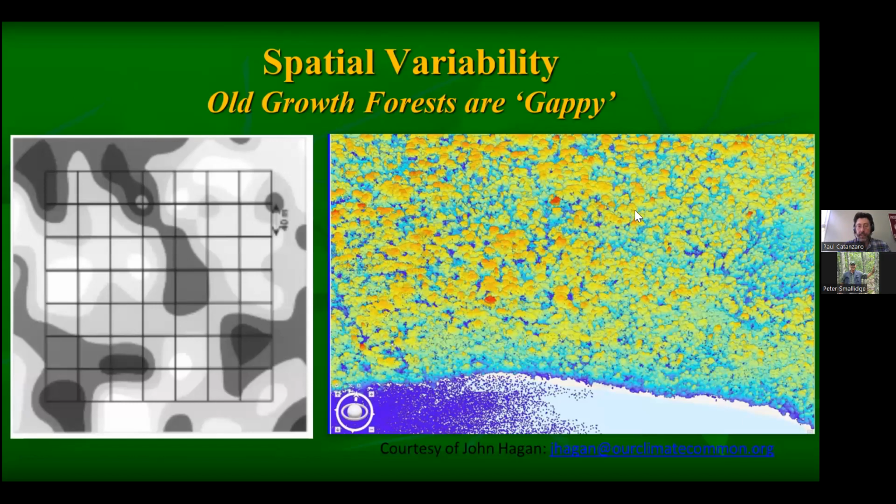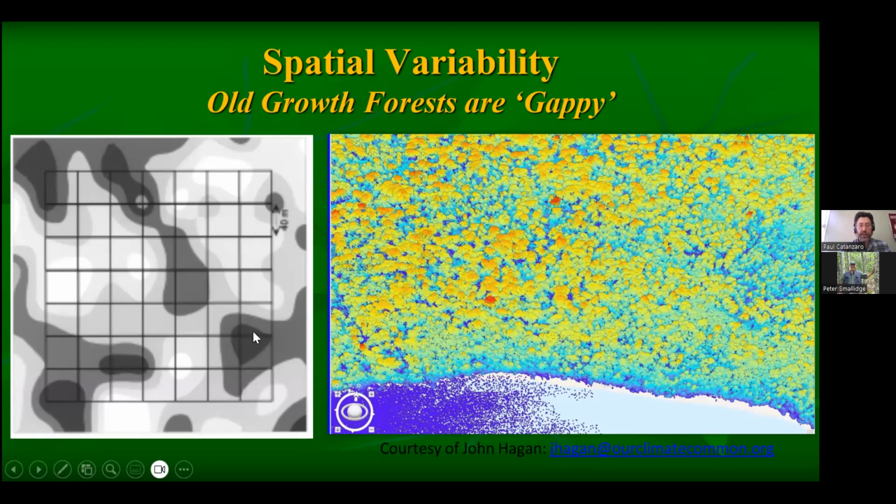Spatial variability. Two different images here. The image on the left is a stem map. So it's actually mapping the concentration of larger trees within that forest, and the darker the color, the higher the concentration of large trees. So we've got some areas within here that have been subjected to disturbance, but really haven't changed much.